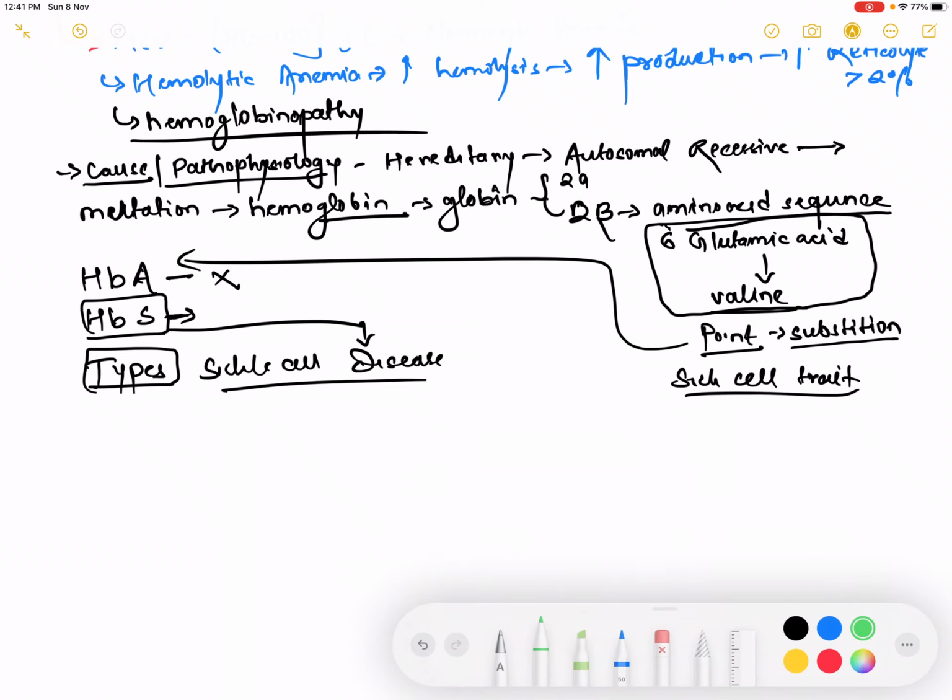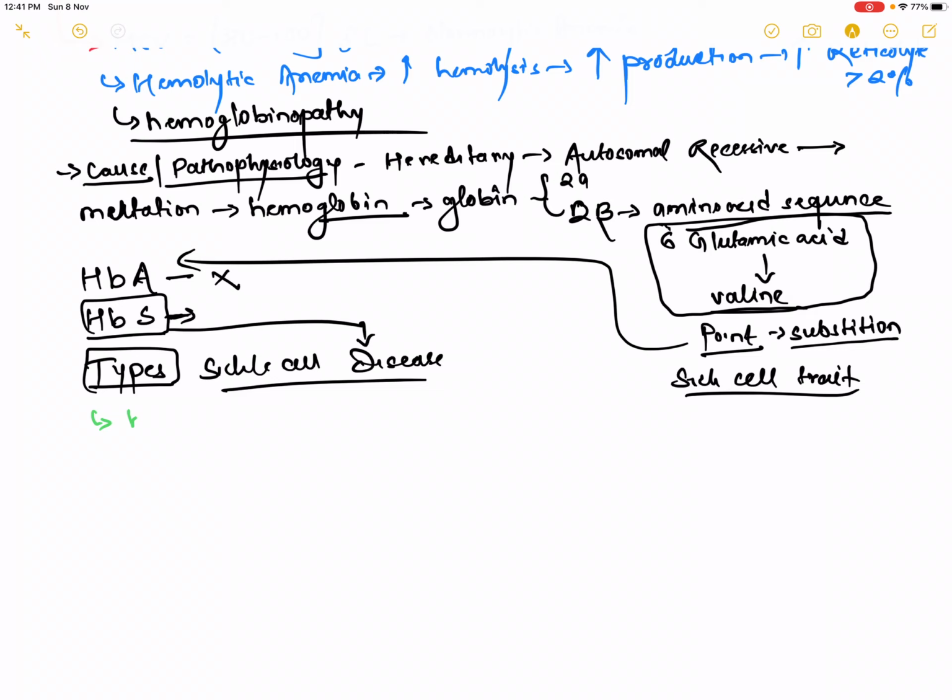Sickle cell disease means the individual is homozygous, that means both alleles for hemoglobin are mutated.